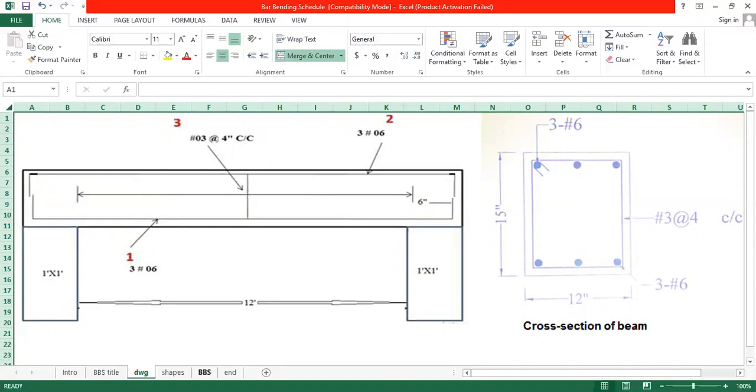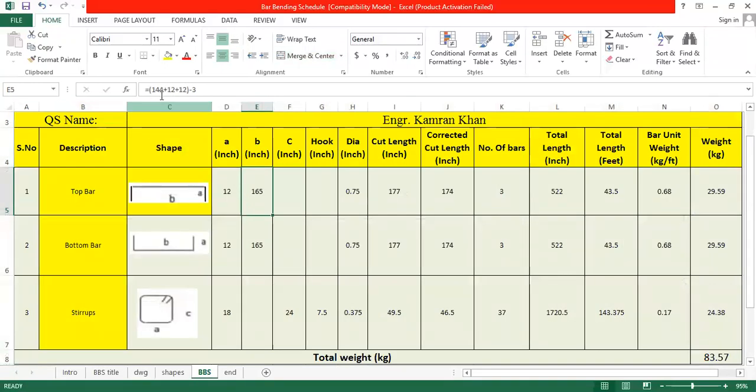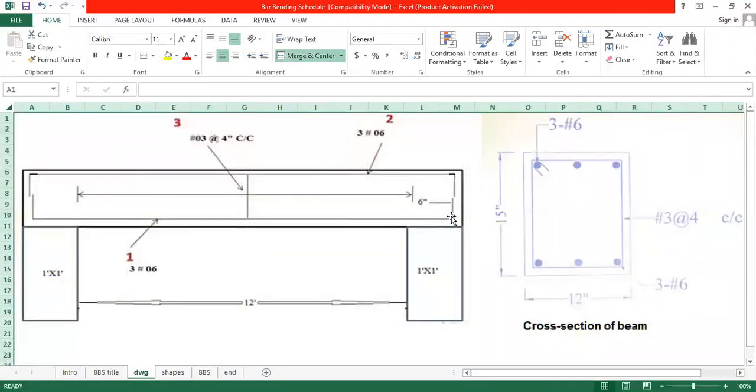You can see over here the formula: 144 plus 12 for the right side column and 12 for the left side column. This gives us 168 inches. But you will have to subtract the clear cover on the right side as well as the clear cover on the left side. So the clear cover to the reinforcement is how much? It is 1.5 inches on each side.